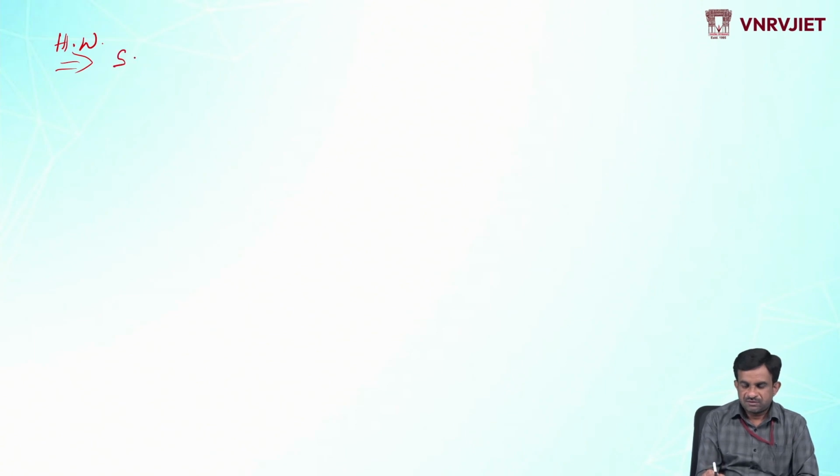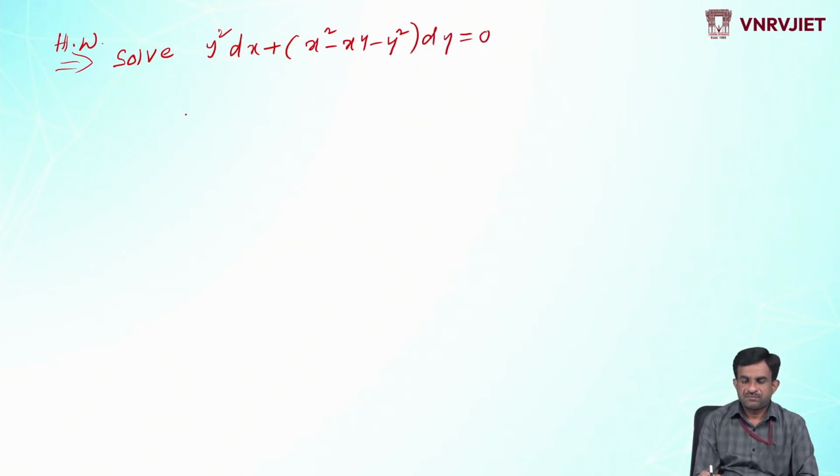The problem here is: solve the differential equation y square dx plus x square minus xy minus y square into dy is equal to 0. If you want, you can note down the answer also.